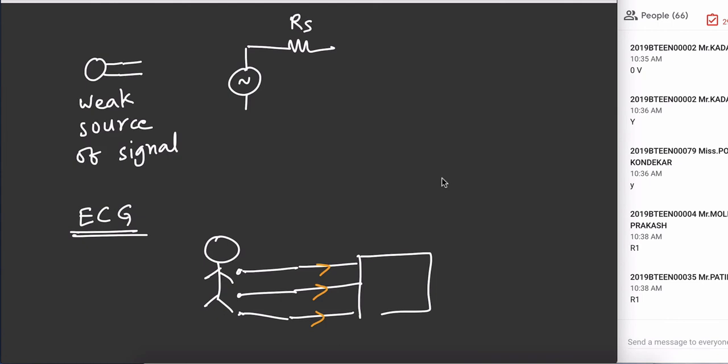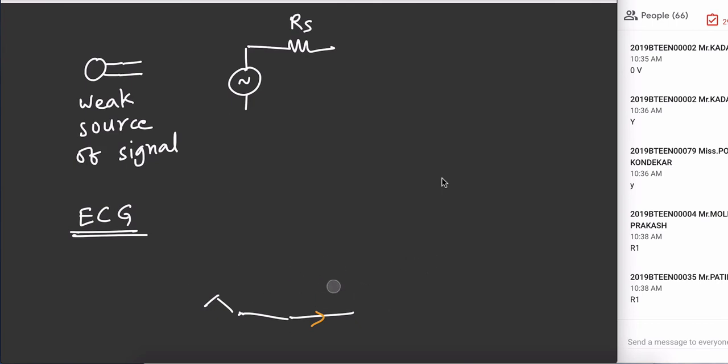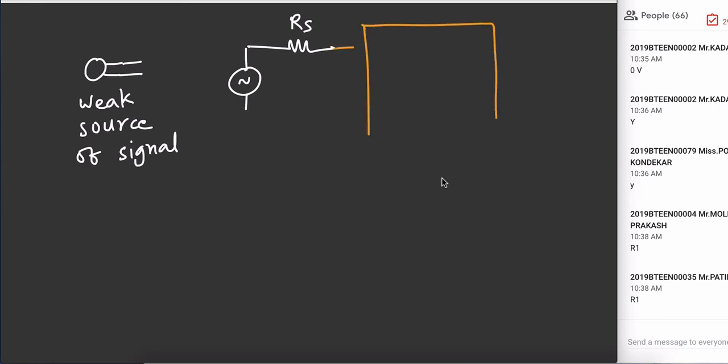It is not expected. So it is our duty to connect a circuit whose impedance is high. It means the next circuit, whatever we use, should have Zin large.